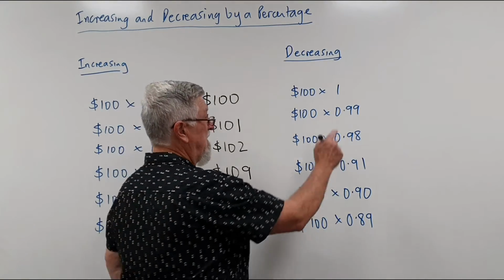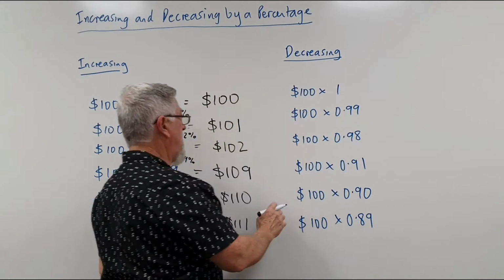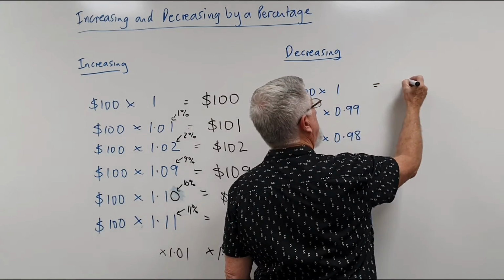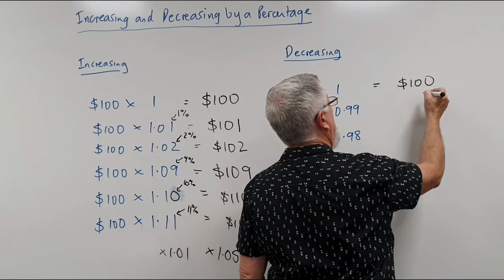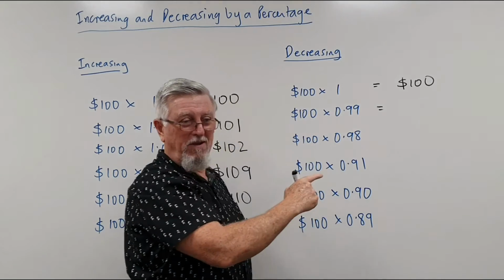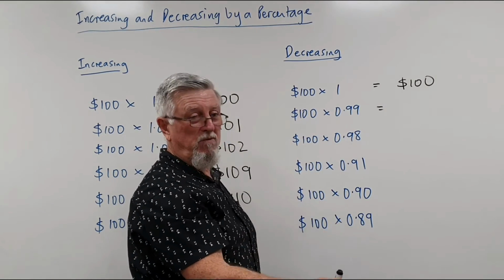Let's have a look at that. So if we're decreasing the amount, instead of going up by 1%, so there's your 100 times the 1, so that's got to be 100, it stays the same. So we want to go slightly less than 1. So how do we go slightly less than 1 if you think about your decimals?